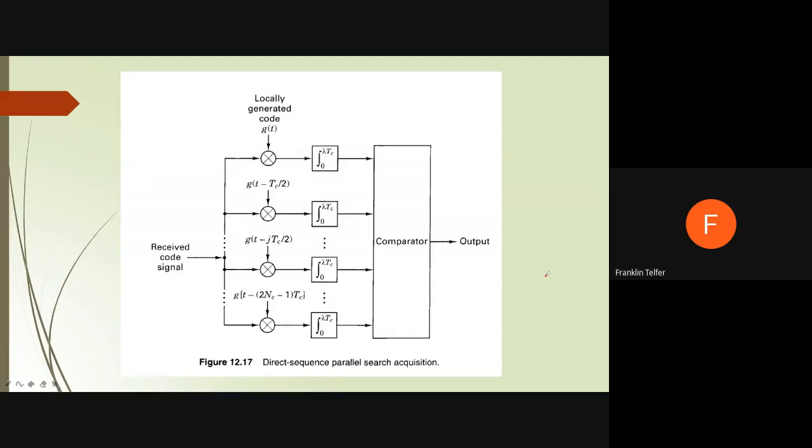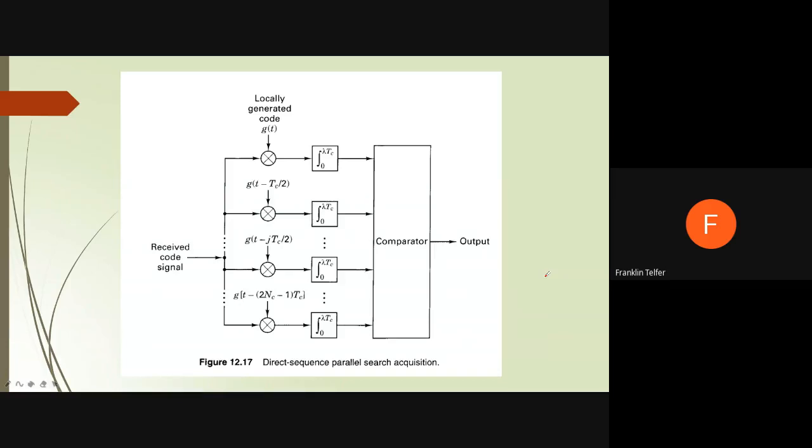If lambda, the number of chips, increases, the synchronization error probability decreases. Synchronization error is choosing an incorrect code alignment, so if lambda increases, the probability of incorrect code alignment decreases.